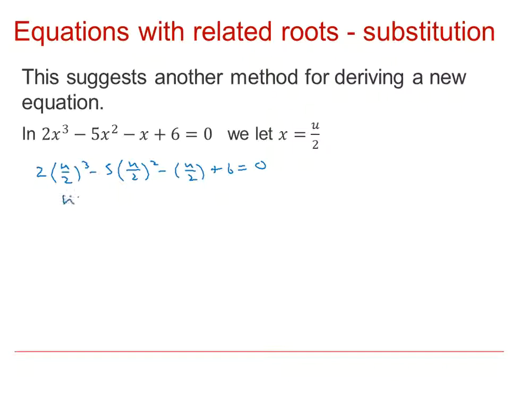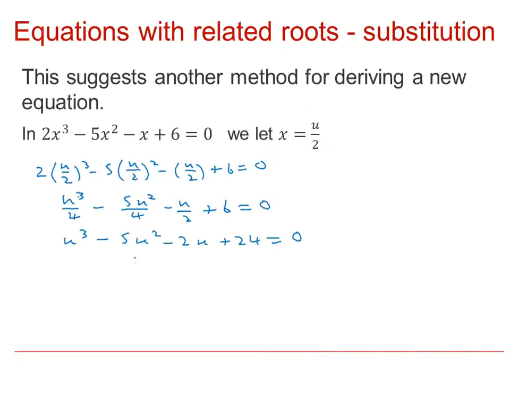Simplifying each term, we get u cubed over 4 minus 5u squared over 4 minus u over 2 plus 6 is 0, which is a valid answer, but it would make more sense to simplify these coefficients by multiplying all the way through by 4. So we get u cubed minus 5u squared minus 2u plus 24 equals 0.